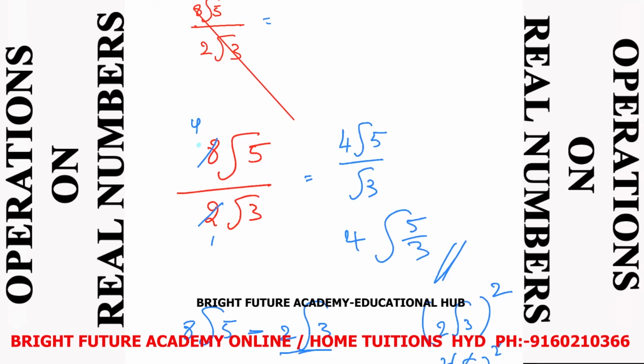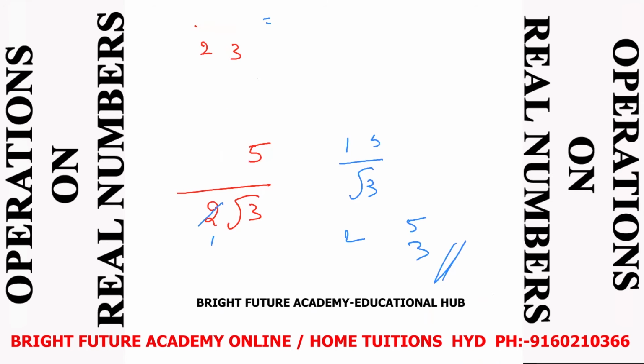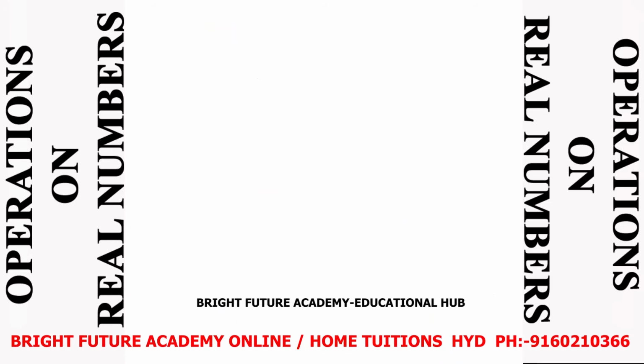For example, in this question they give root of 5 minus root of 2, root of 5 plus root of 2. For simplifying, how is it going to look?